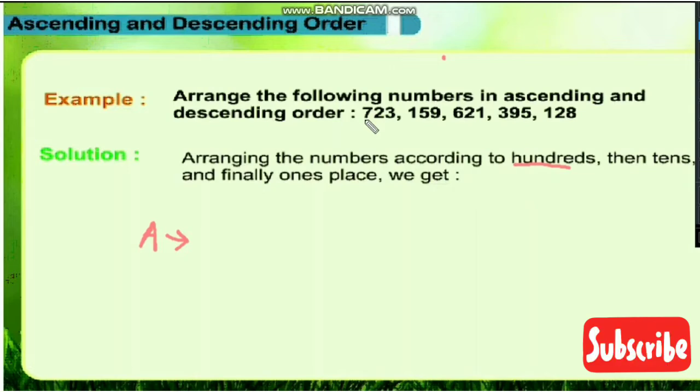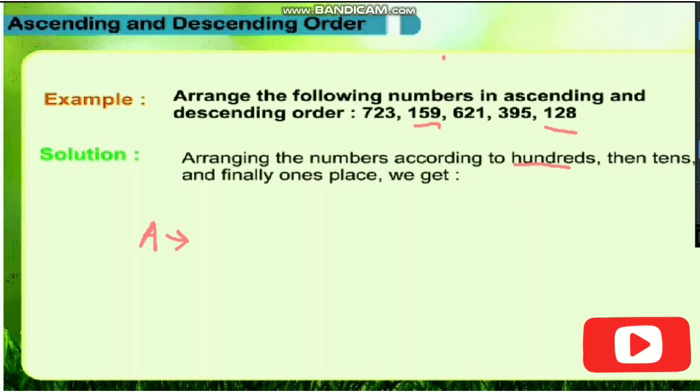Here 700, 100, 600, 300 and 128 here. Now this 100 and this 100 have the least value, but the hundreds place is the same. Now we are going to compare their tens place.